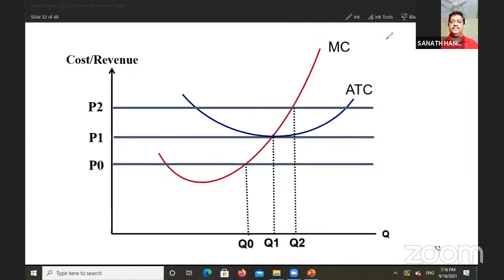I'm repeating it. Profit maximizing output level is Q naught when the price is P naught.